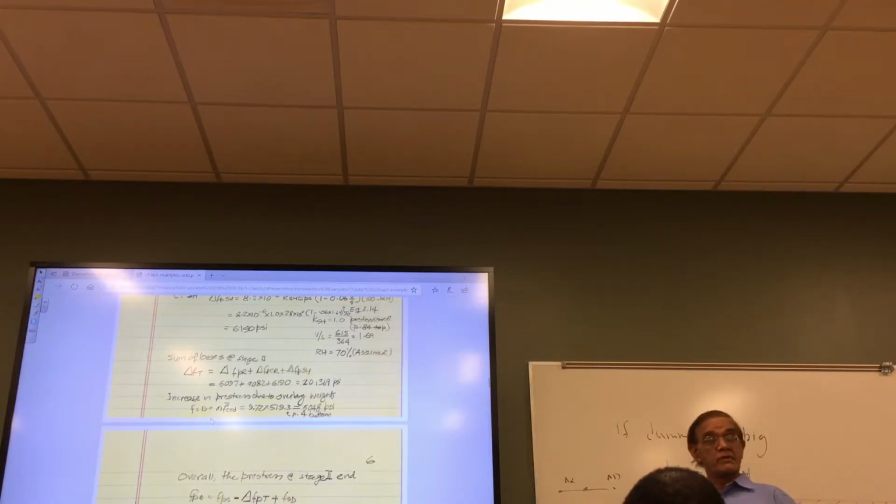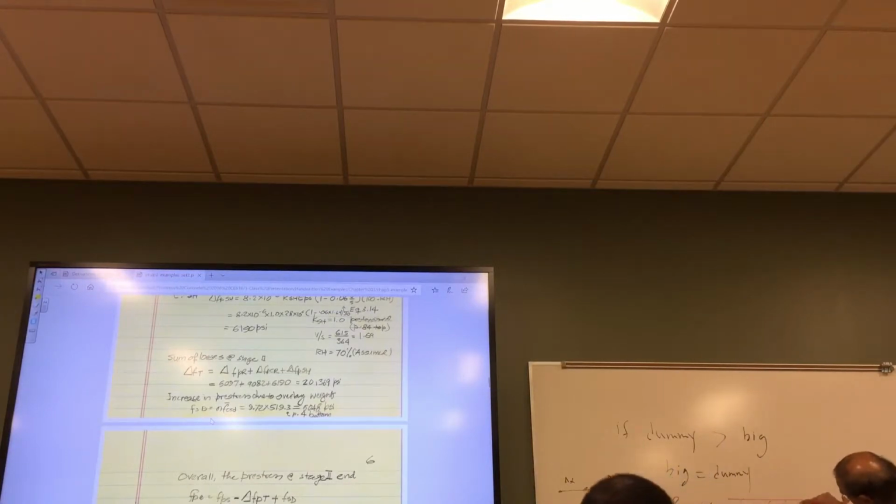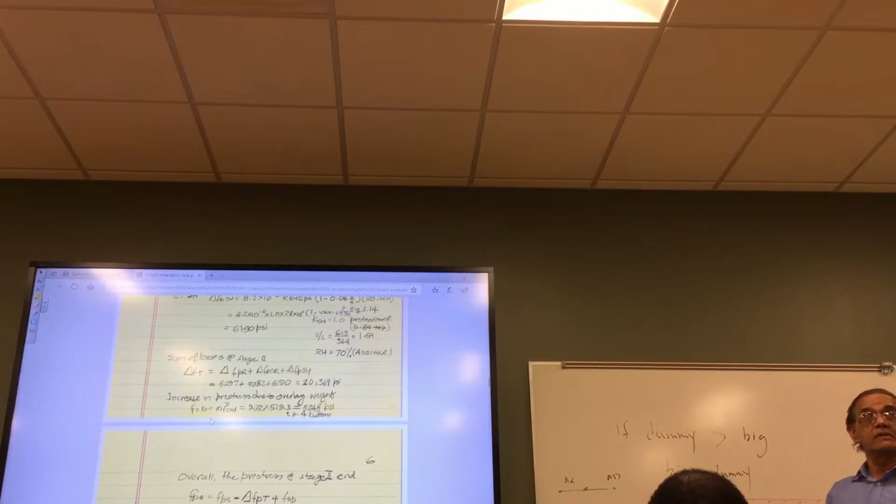You don't have the full moment of inertia anymore. The full moment of inertia is from there to there. If the part that has cracked has more tensile stress than allowed, then your moment of inertia is now this much, so it is reducing. No more linear elastic behavior.